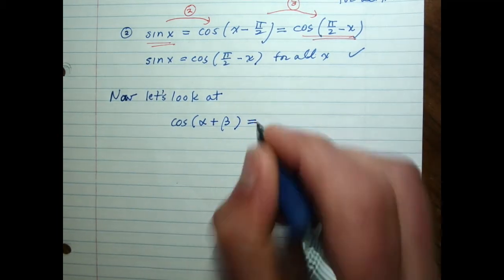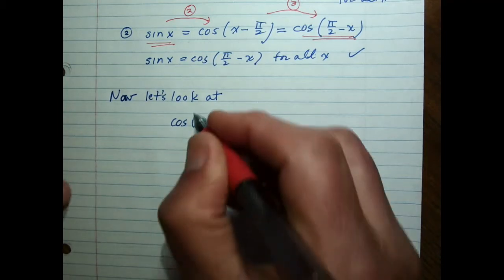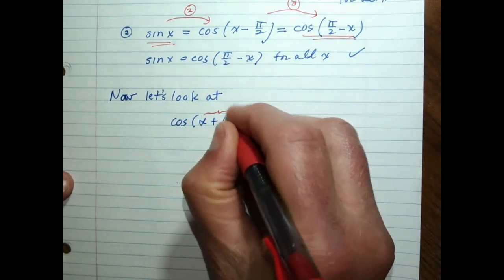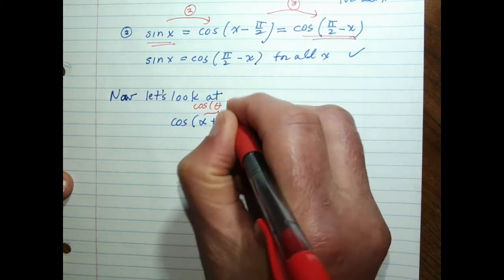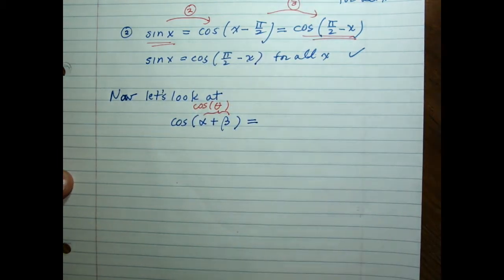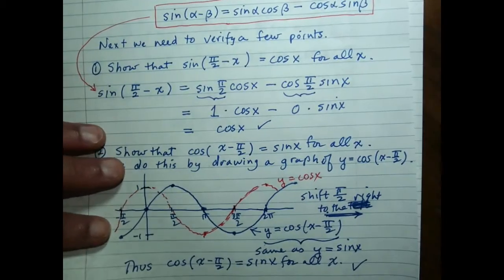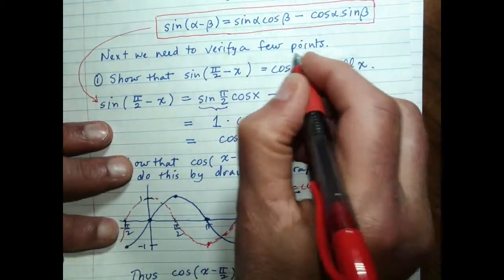Now, to get started, I'm going to think of this alpha plus beta as just a single angle. Just think of that as cosine theta. Cosine theta is equal to sine of pi over 2 minus x. That was our number 1.